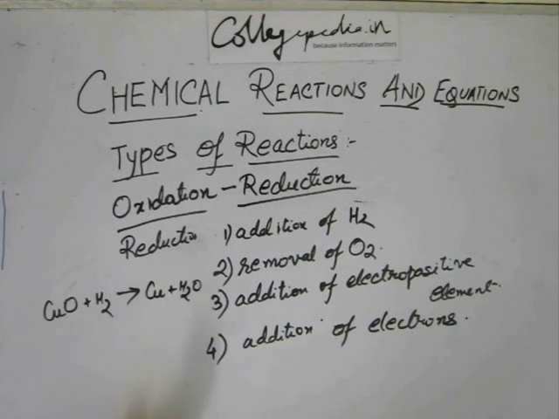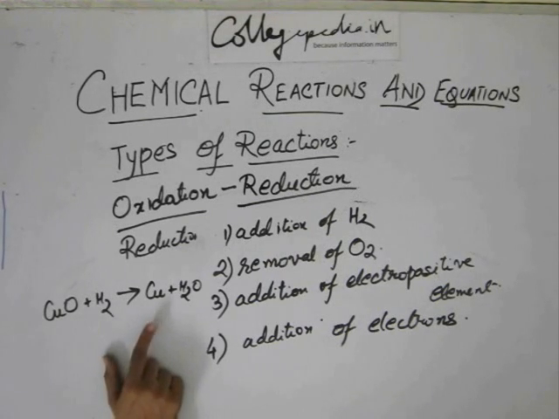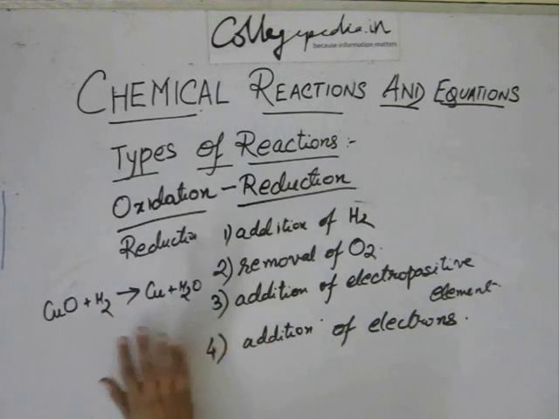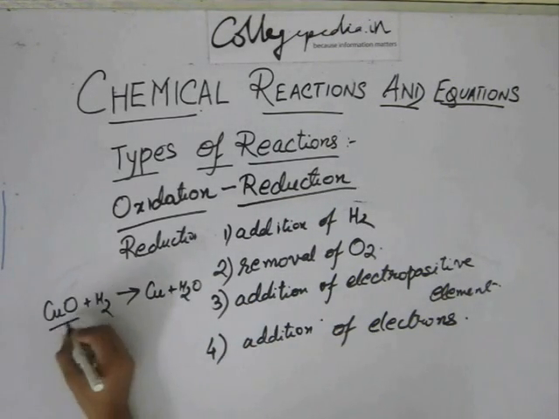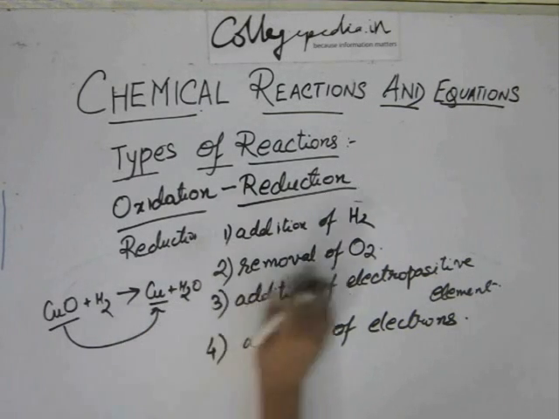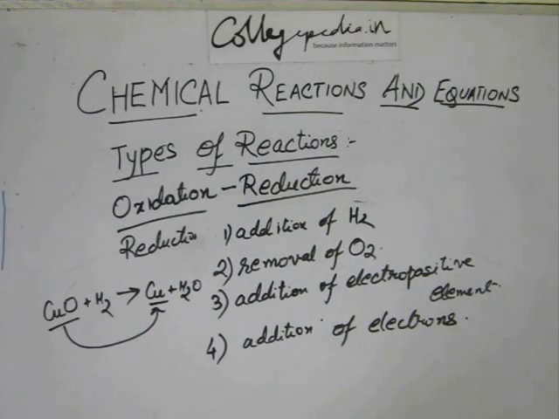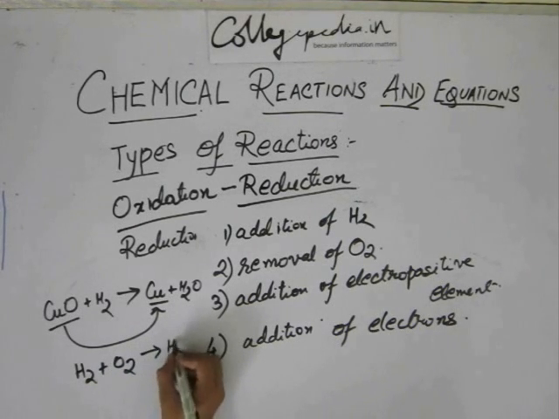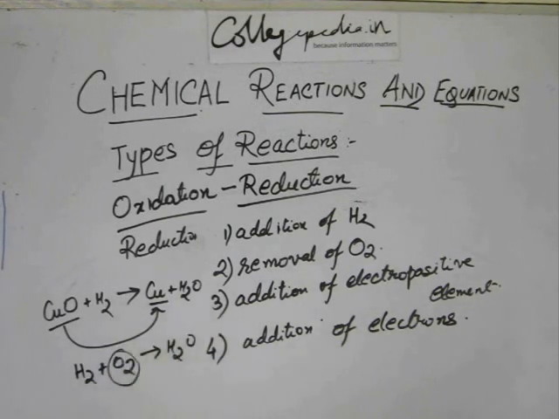Copper oxide is getting reduced because oxygen is getting removed from copper. Just see, copper oxide is getting reduced to copper because it's getting rid of oxygen. In addition of hydrogen, you have H2 plus O2 giving H2O. So here oxygen is getting reduced because hydrogen is getting added to it.